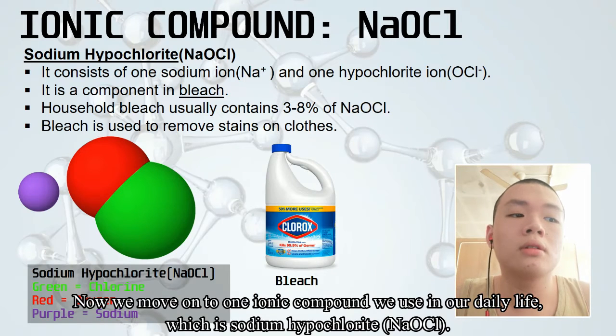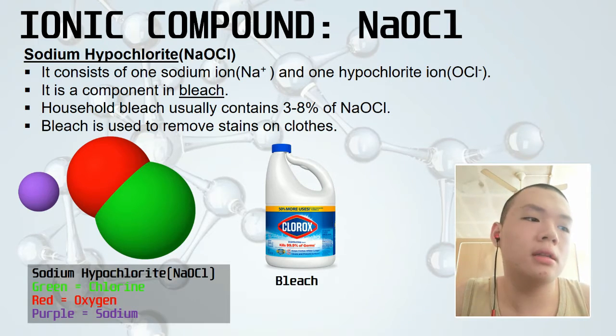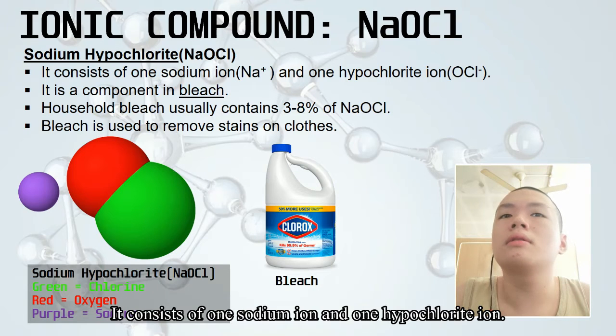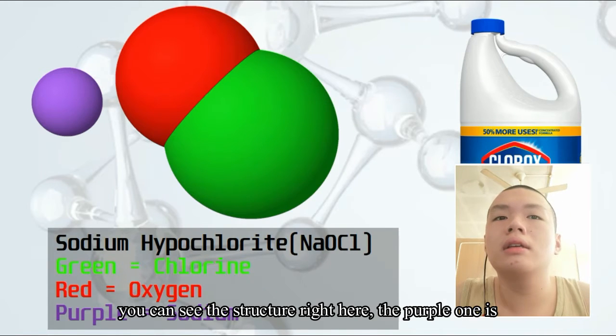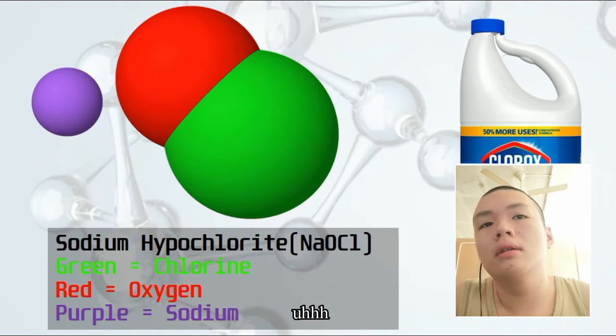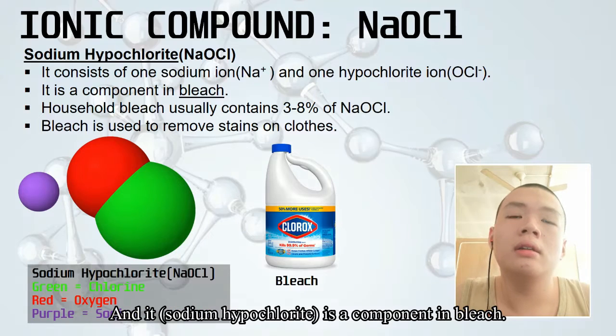Now we move on to one ionic compound in our daily life, which is sodium hypochlorite. It consists of one sodium ion and one hypochlorite ion. You can see the structure right here. The purple one is the sodium ion, and this red and green thing is the hypochlorite ion, and it is a component in the bleach.